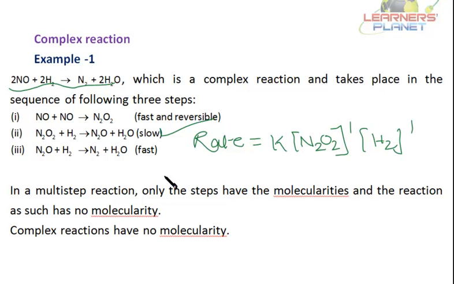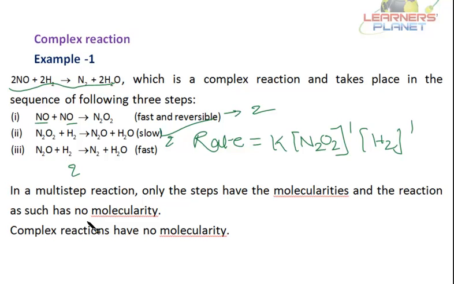And what is the molecularity? In this case, the reaction is taking place in three steps, so each step will have its own molecularity. In the first step, how many reacting species are there? Two. So the molecularity of the first step is 2. The molecularity of the second step is 2. The molecularity of the third step is 2.